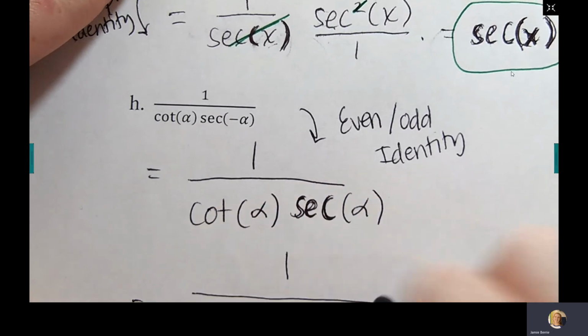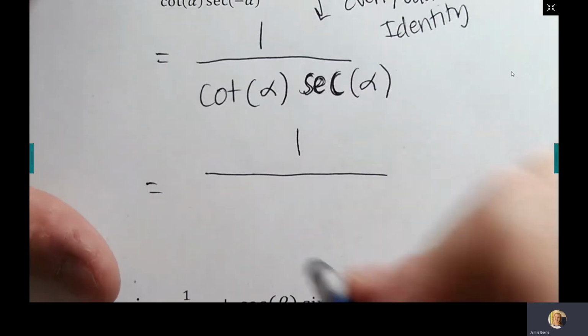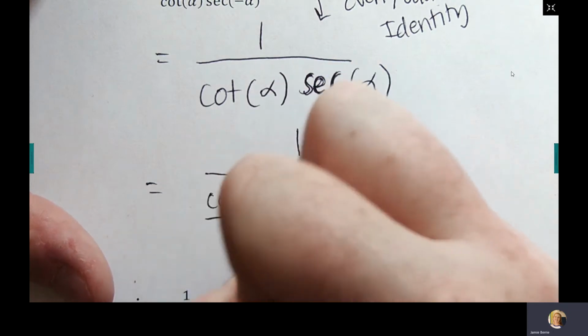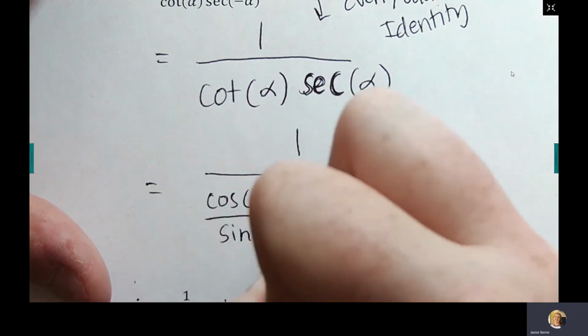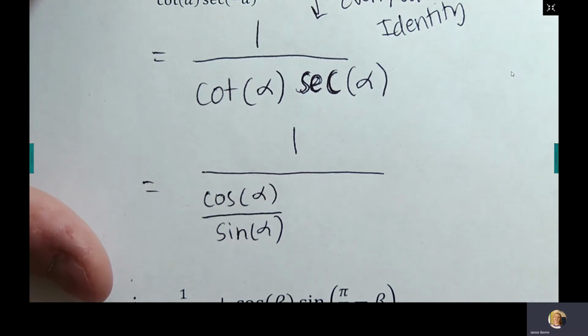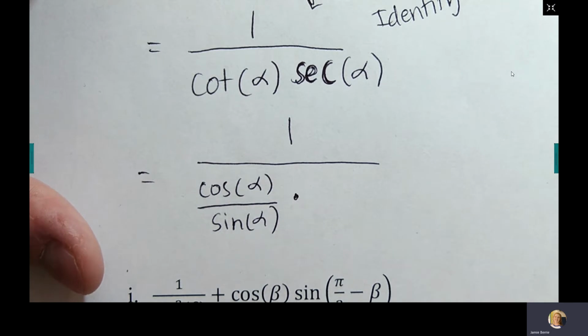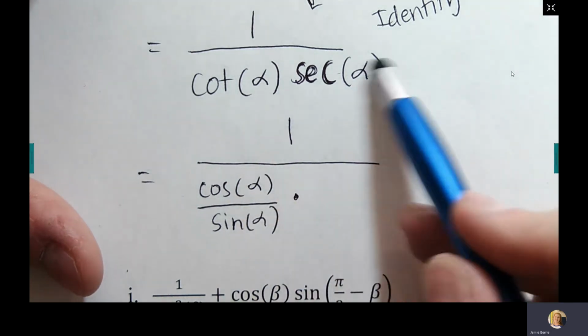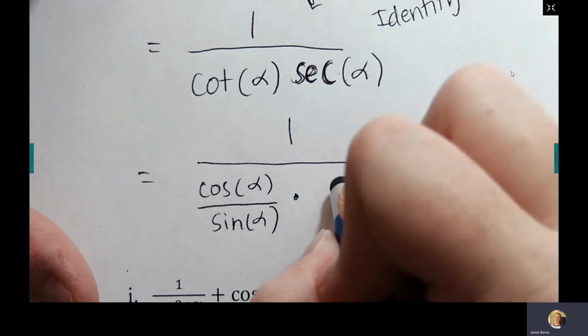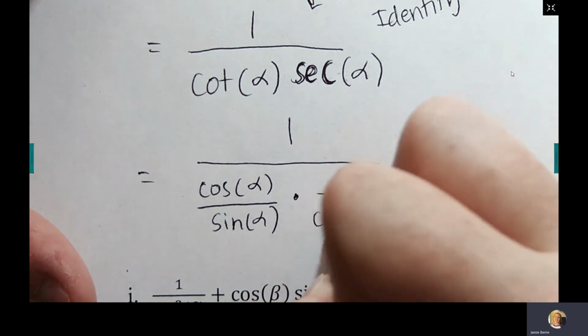Make sure you do 1 over. We're going to rewrite cotangent as cosine theta over sine theta. That's one of our quotient identities. You can put it in a big set of parentheses if you want to. I'm just going to do a little times here. And then we know that secant, one of those reciprocal functions, is 1 over cosine alpha.